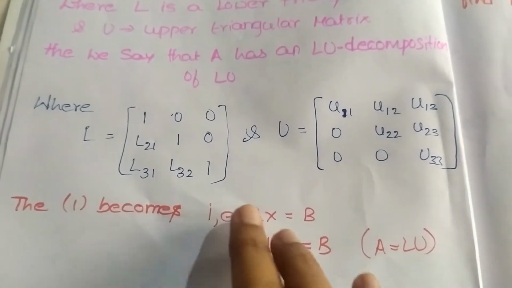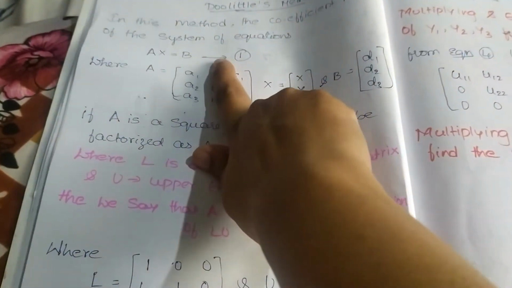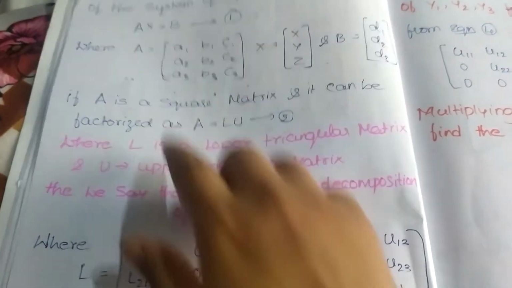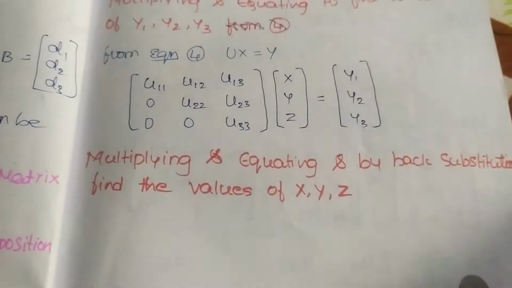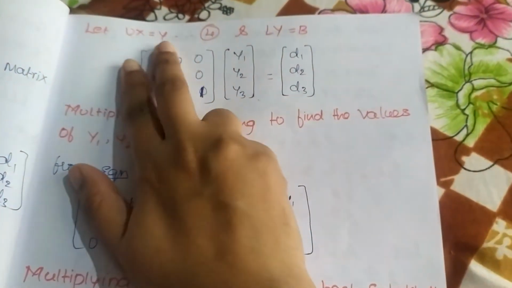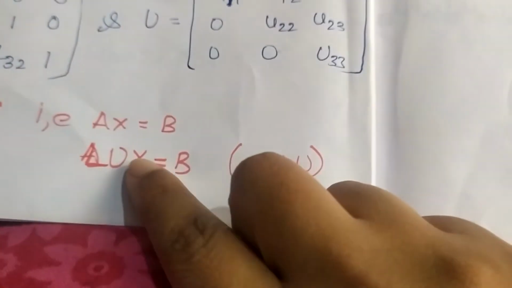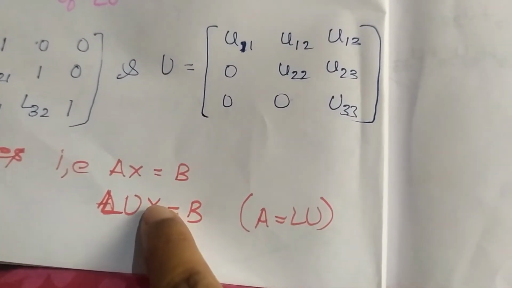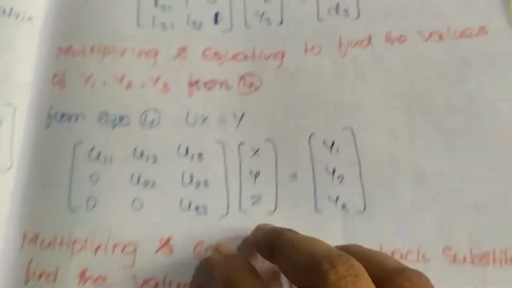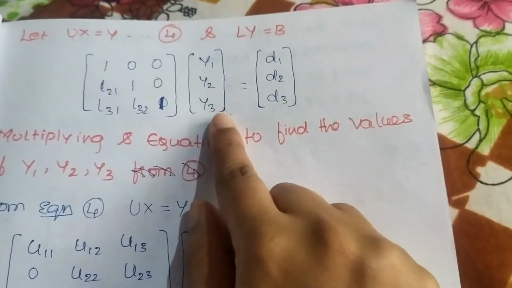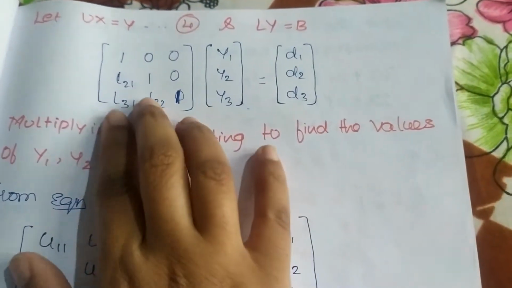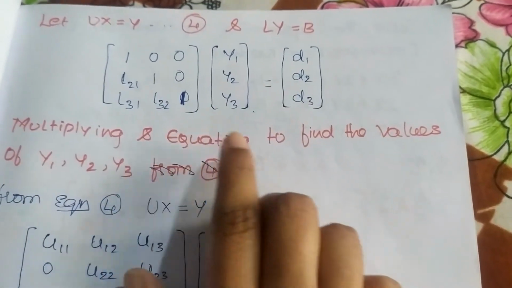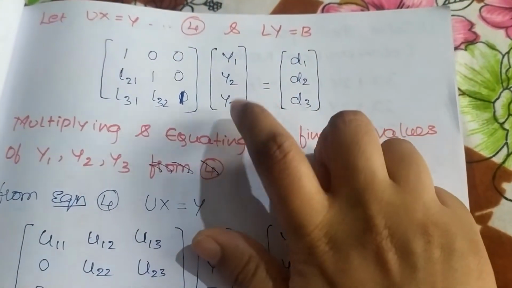Now what happens, we know that Ax = B from equation 1, and as we know A = LU, it becomes LUx = B. Now if Ux = Y, then Ly = B. That is, the lower matrix times Y is equal to B, and we multiply these two and equate, and we get the values of Y1, Y2 and Y3.